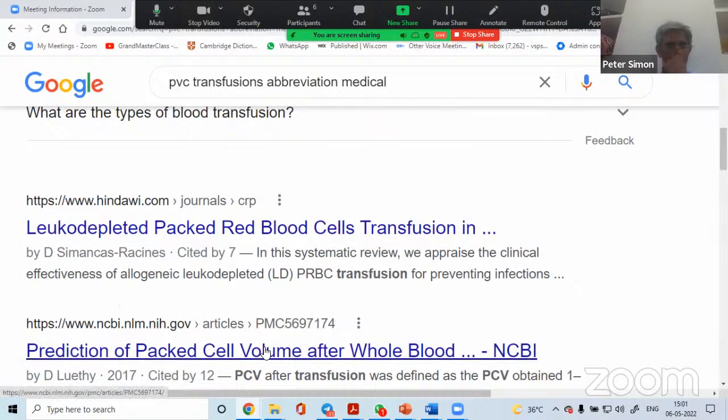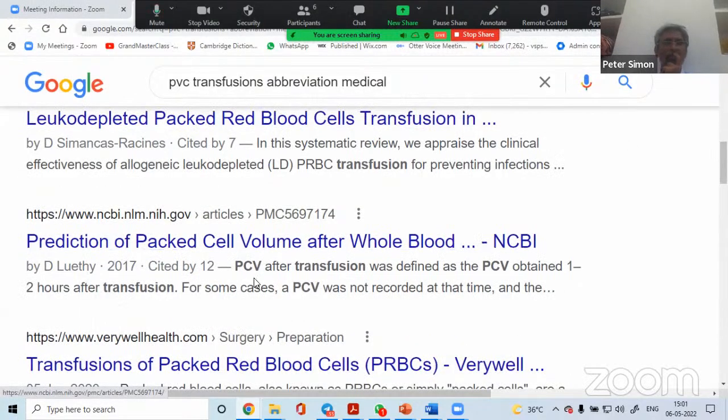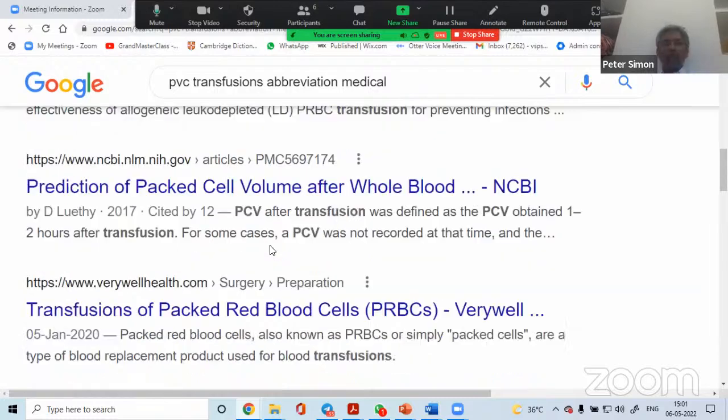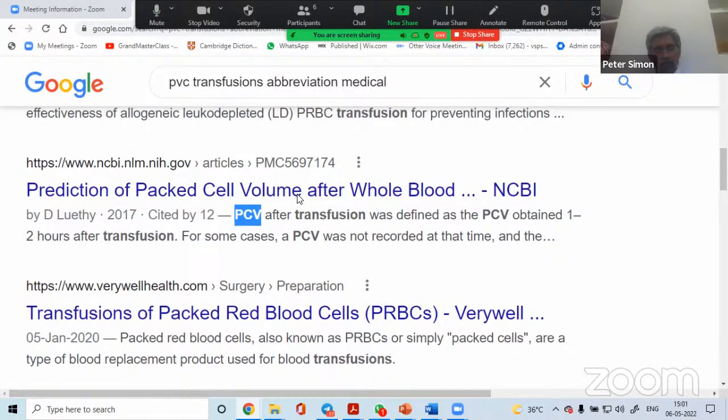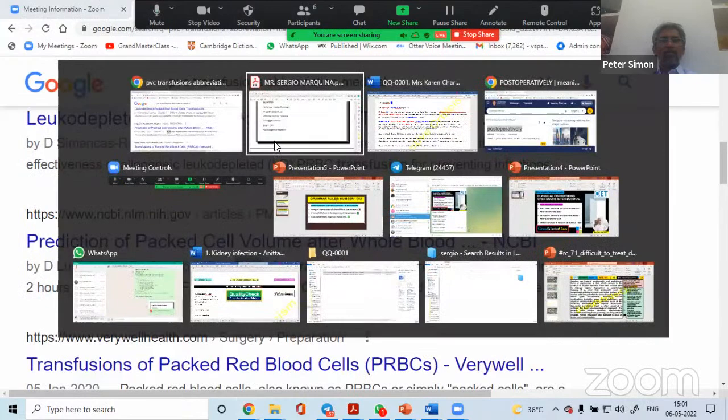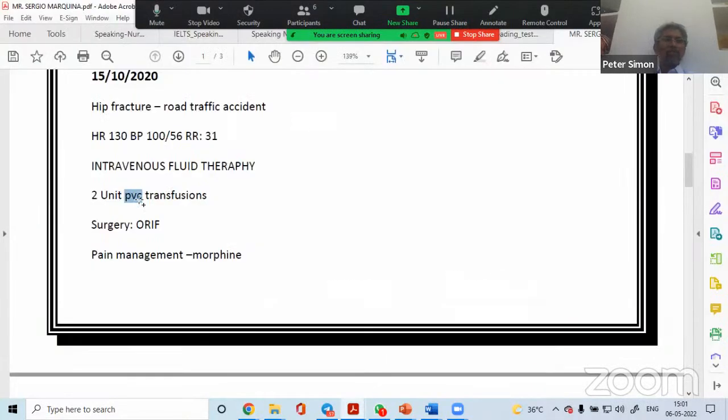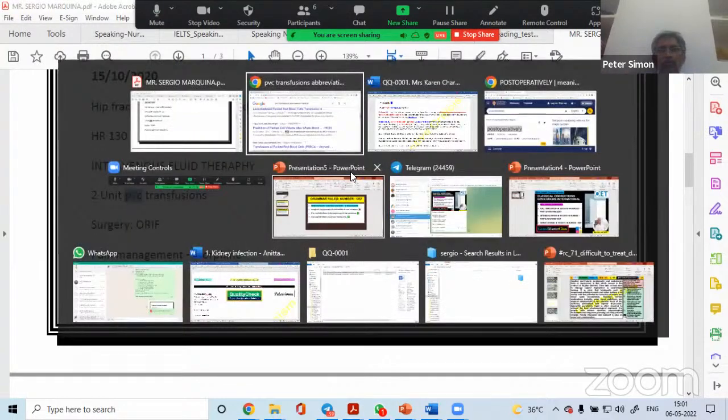Packed cell volume. Prediction of packed cell volume. PCV, not PVC, PCV. Okay, packed cell volume. There's confusion. It's a PCV, not PVC.